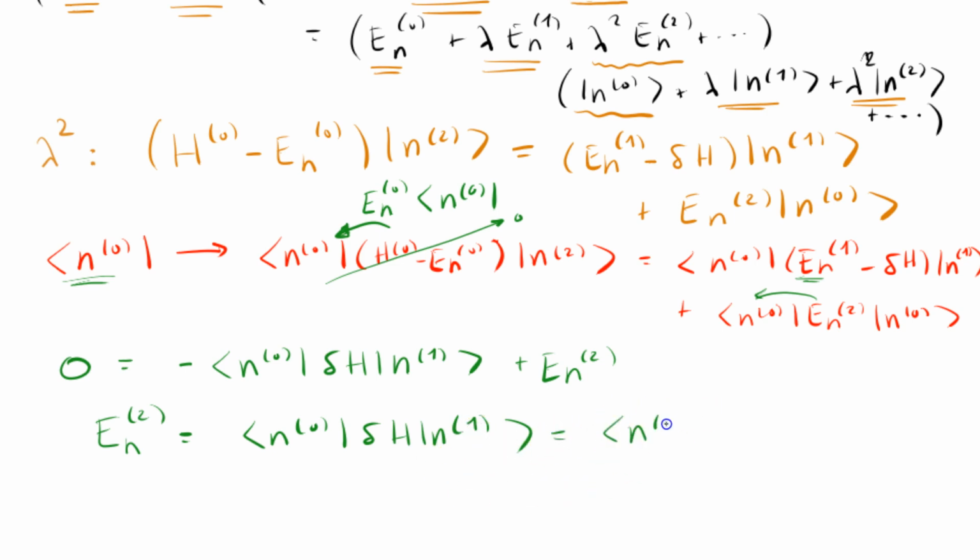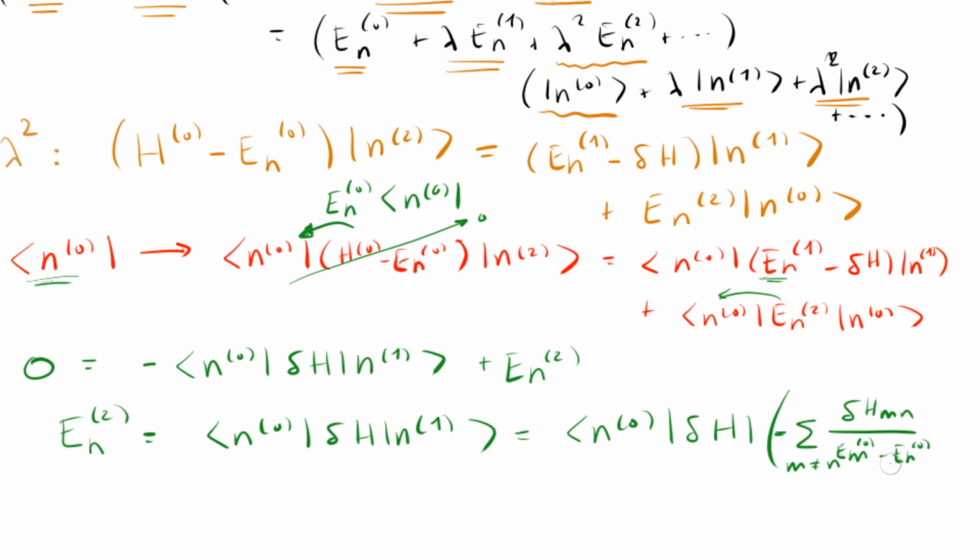If you remember from before, N1 is simply negative the sum over m not equal to n of delta H mn over Em0 minus En0, times m0.